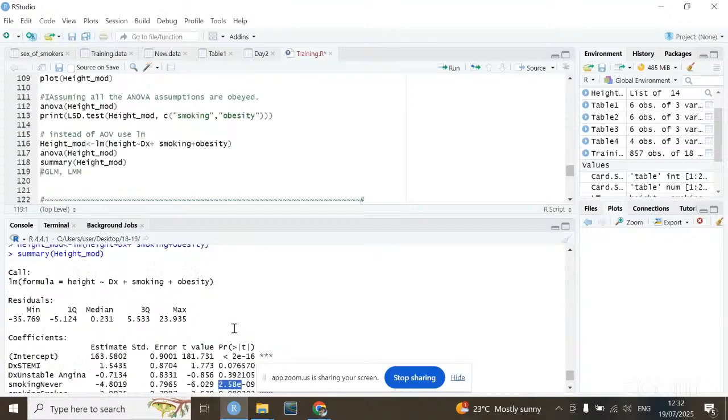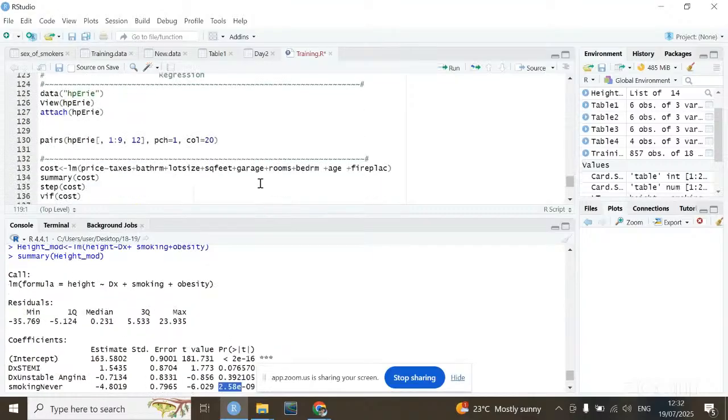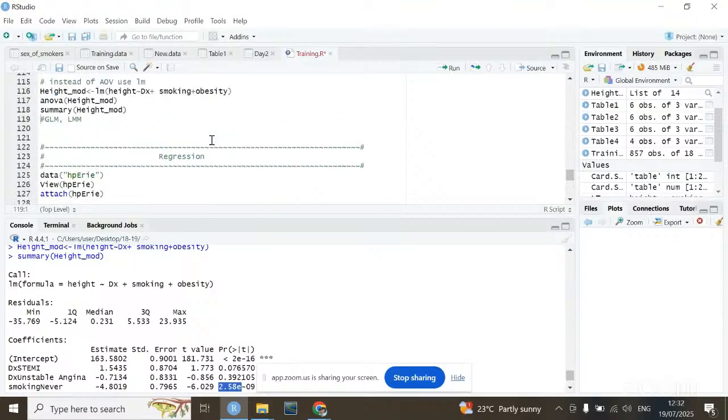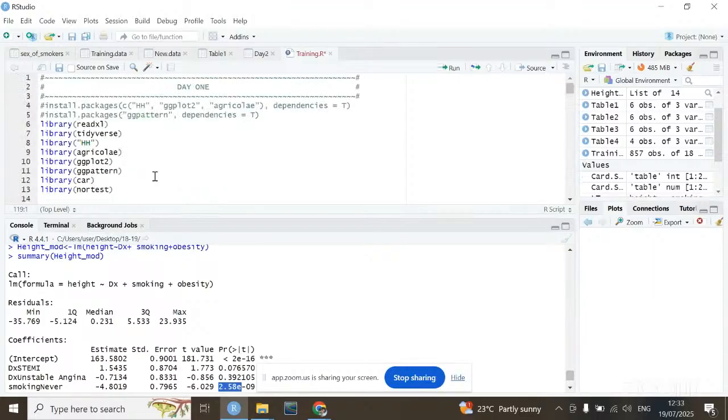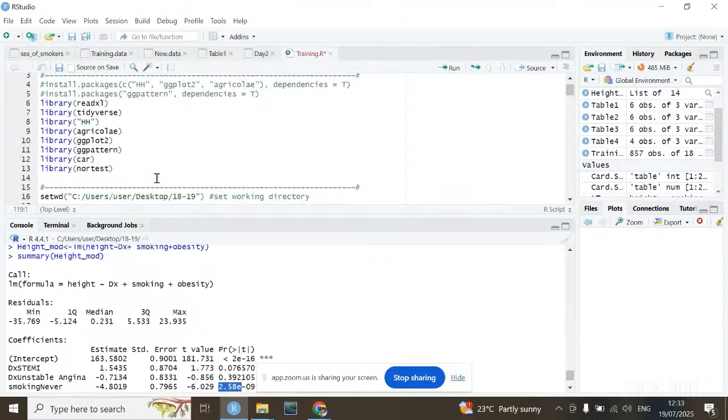I think I may need to use more of experimental or some big data. So yesterday we installed a package called HH. You remember this package? Yes, we do. Hello?